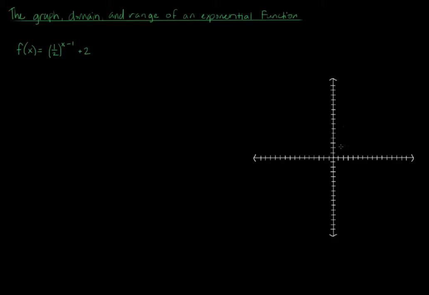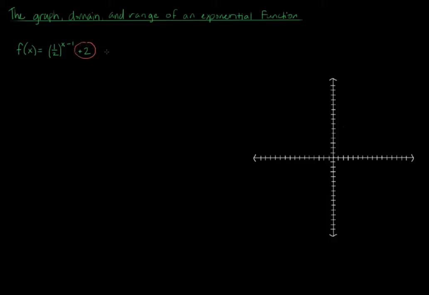And then this is going to be a shift down 2, and then this shift is the opposite of what we would think. This is going to be a shift not down 2 units, up 2 units.